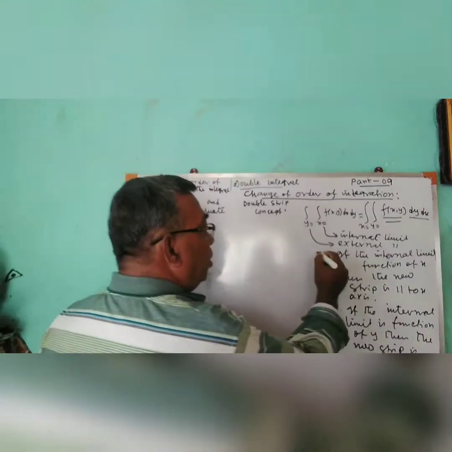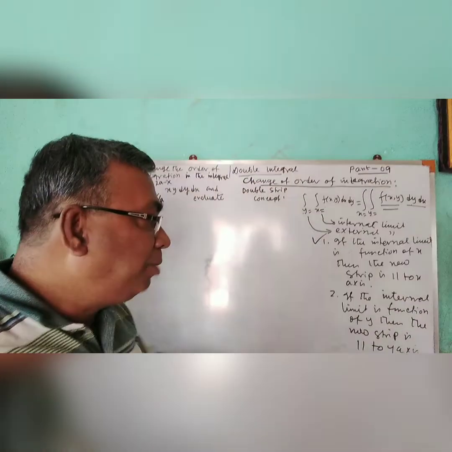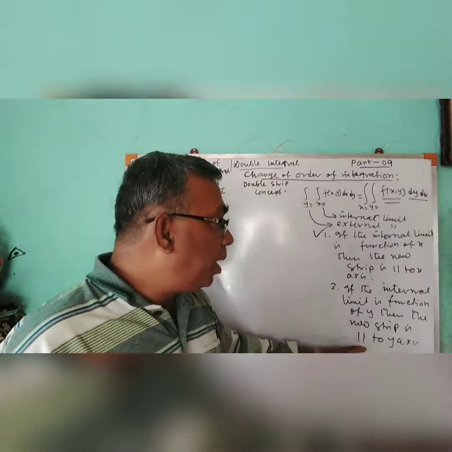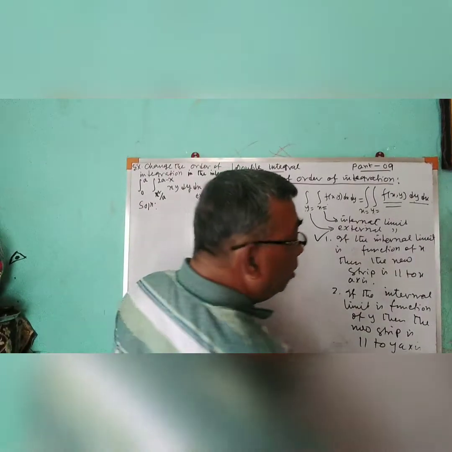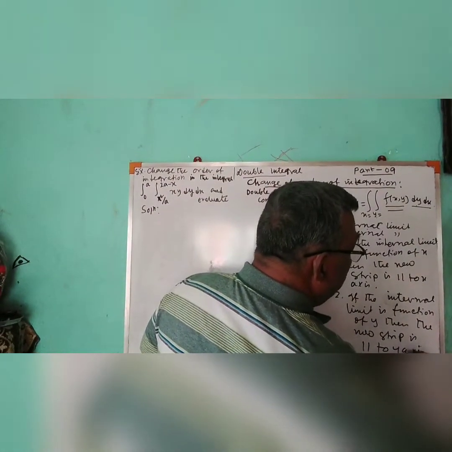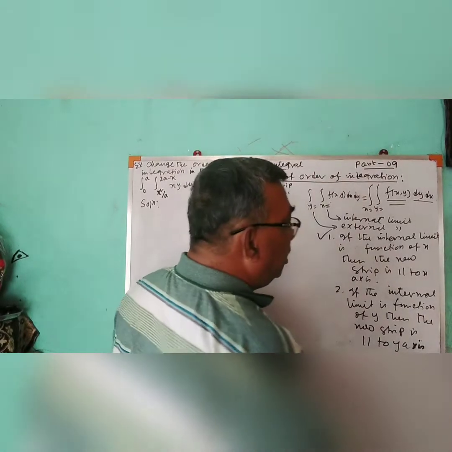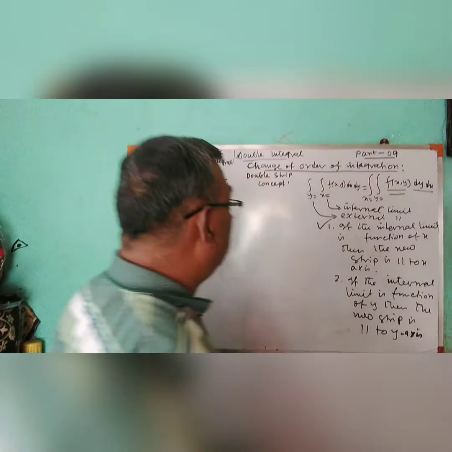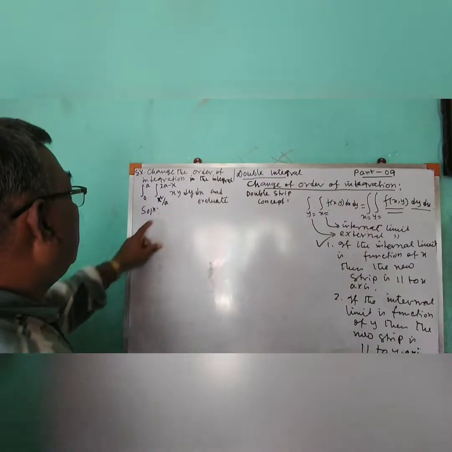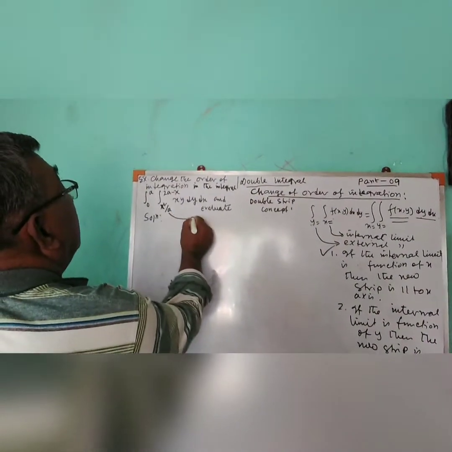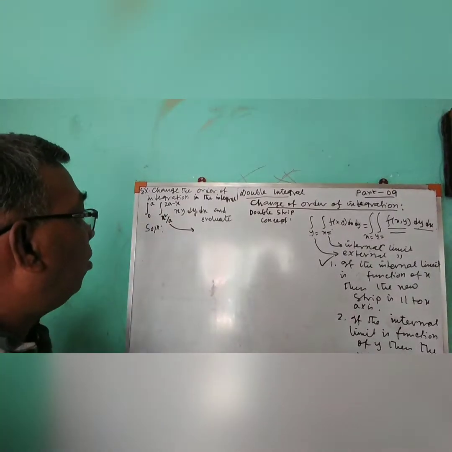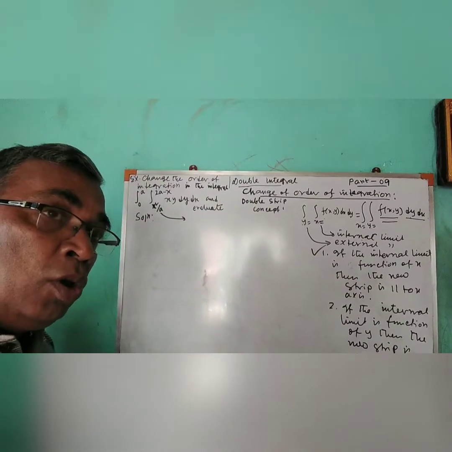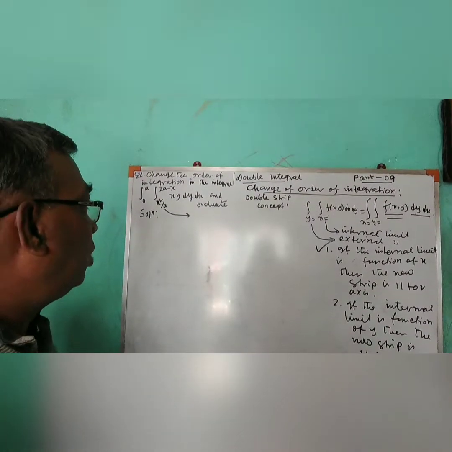And if the internal limit is a function of y, then the new strip is parallel to y-axis. Here, the given internal limit is a function of x, so the new strip is parallel to x-axis. This is very important.